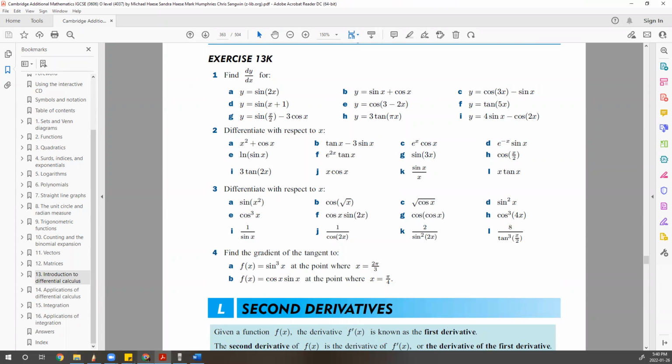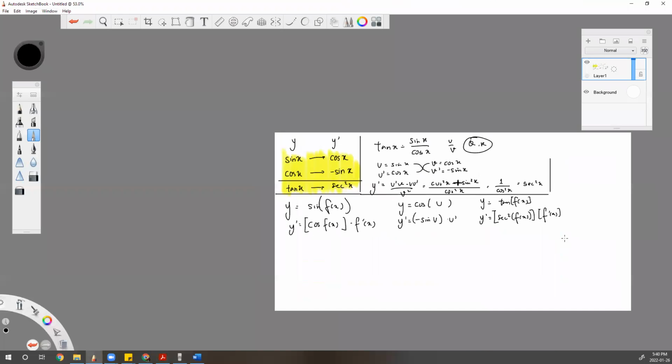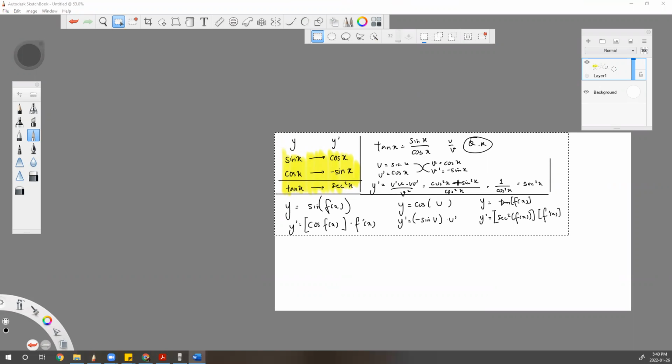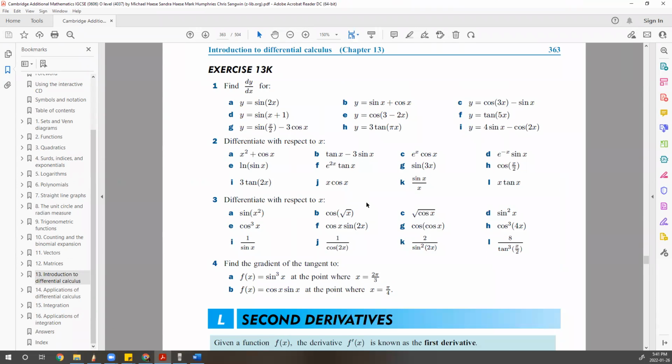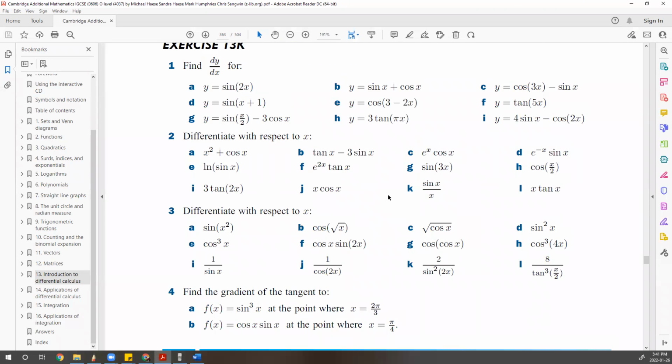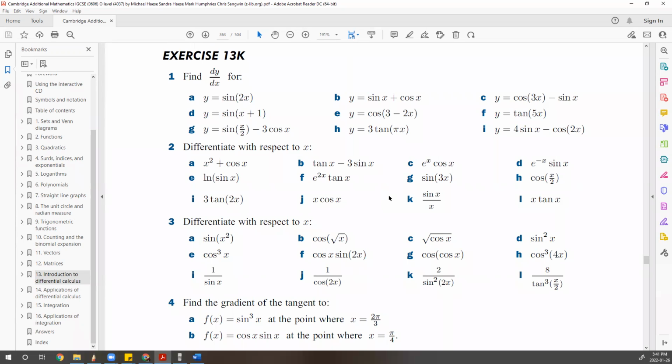Okay, let's go to exercise 13K. I will copy this first. Wait. Okay, I will erase this. I already put it on my Microsoft Word. What number do you want me to discuss? 1, 2, 3, or what point?